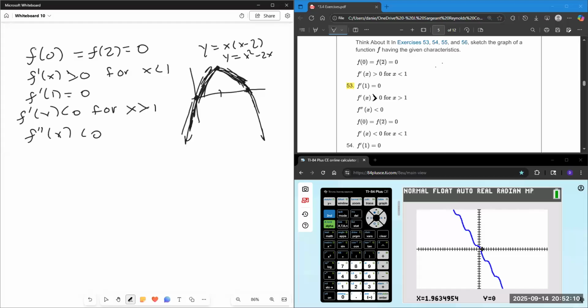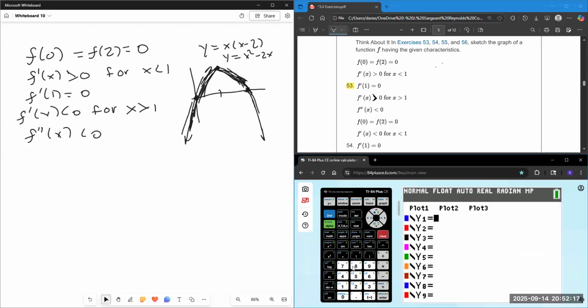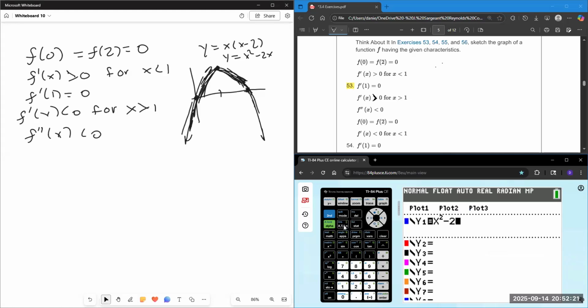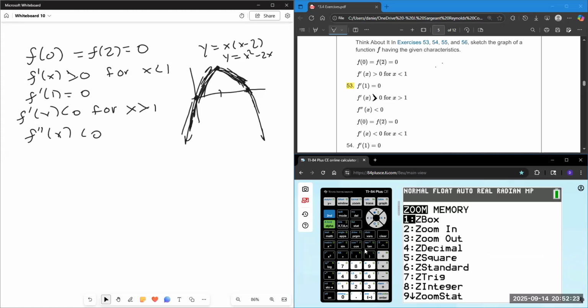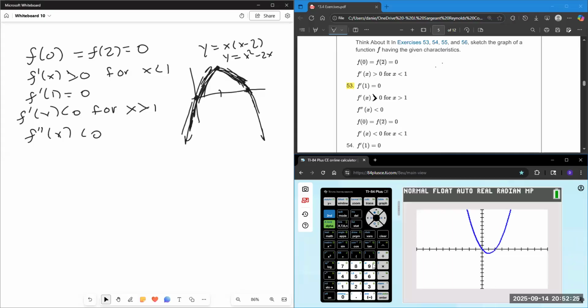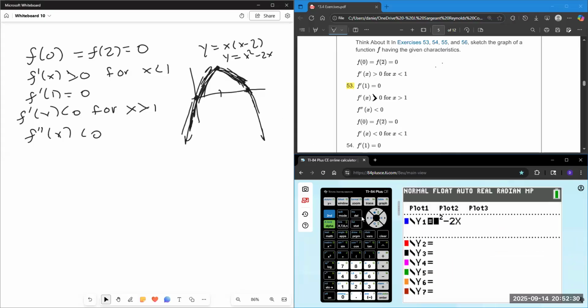Just a sketch, not an awesome drawing, but we can show that maybe better with the calculator here with this function x squared minus 2x, zoom 6, negative of that, sorry. Insert negative and make that positive.